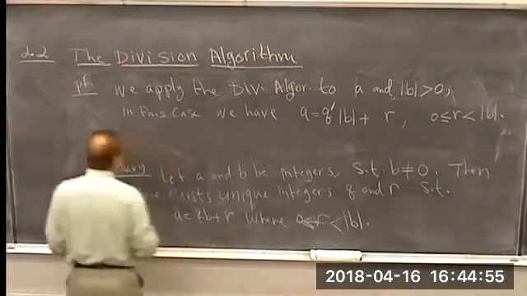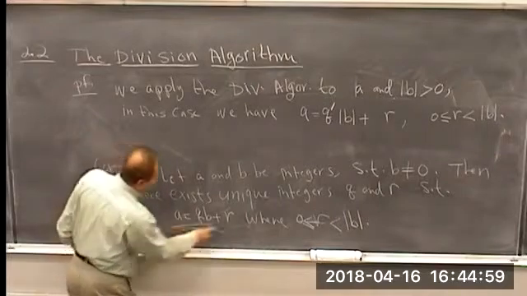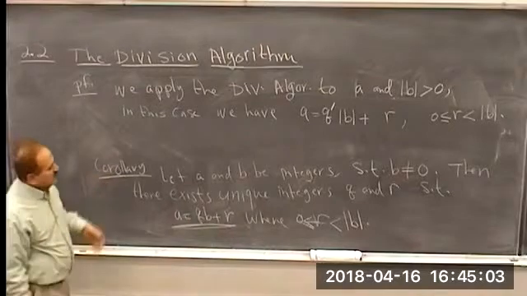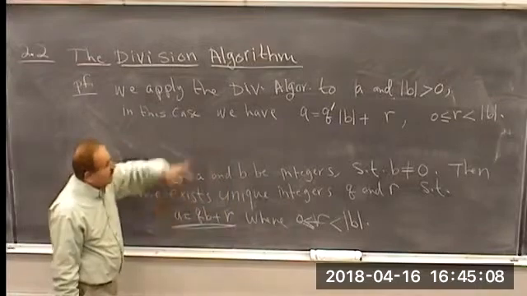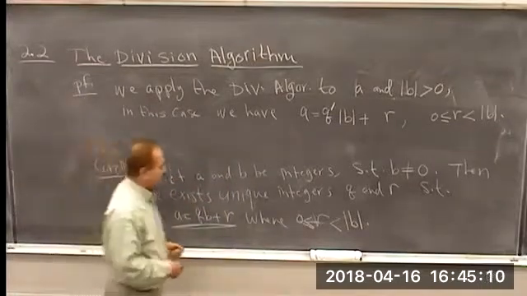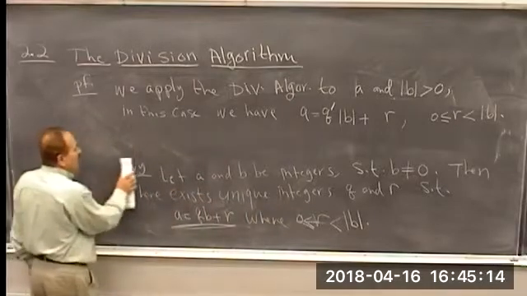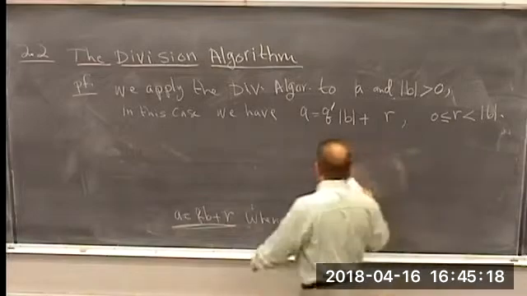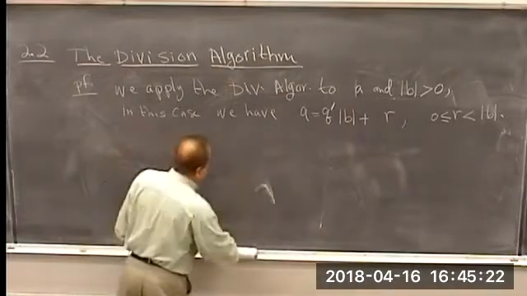Well, in the corollary, the way we express A is in terms of Q, B, and R. So the R is fine, the only thing is we have the absolute value. So we need to look at what happens in the case when we have the absolute value.